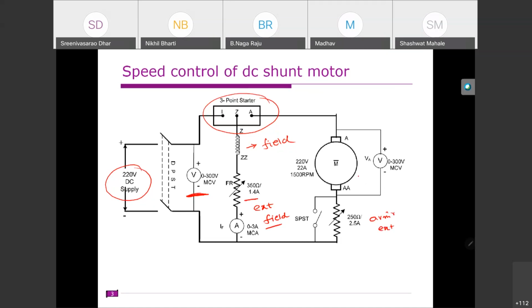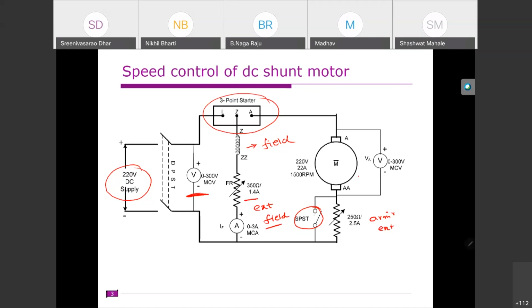This external resistance is used in the armature circuit, and this one is used in the field circuit. We are using an SPST switch. Why? The control is decoupled: when you are using armature voltage control, you cannot usually implement flux control at the same time.